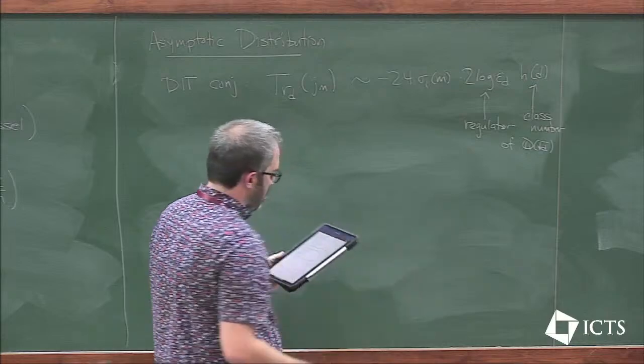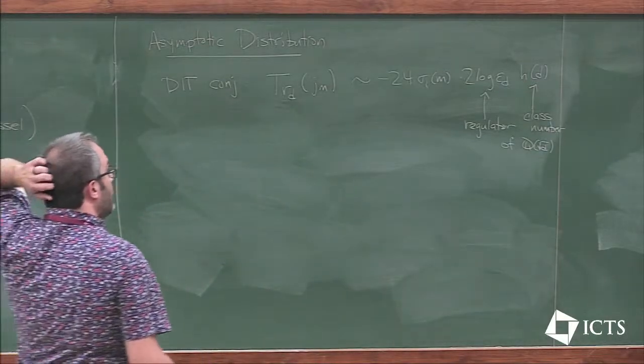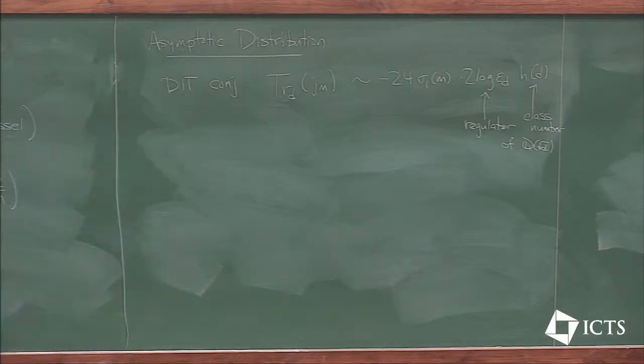And this 24 actually does have some significance. It shows up in a similar problem in which we think about the asymptotic distribution of the traces of singular moduli. So if you look at these as they get bigger, there's a 24 that pops out in the formula. This was a theorem of Duke. And so they were thinking about, well, what about the asymptotic traces of cycle integrals?